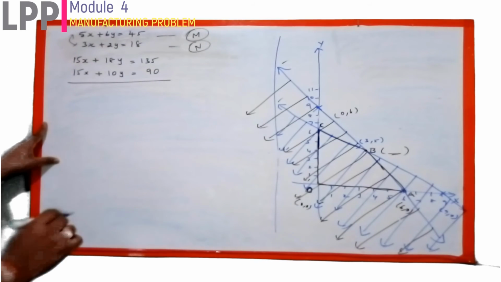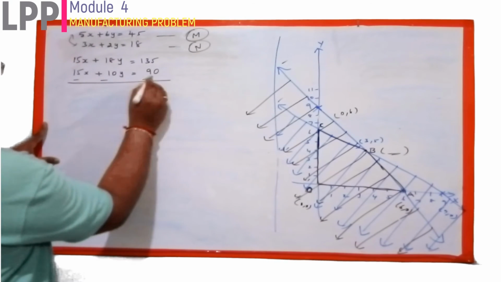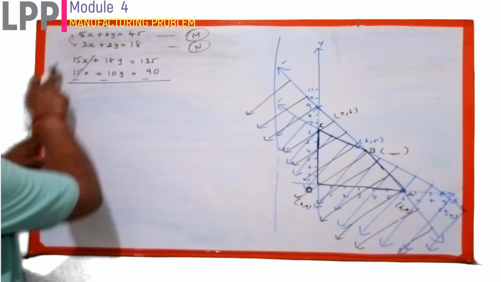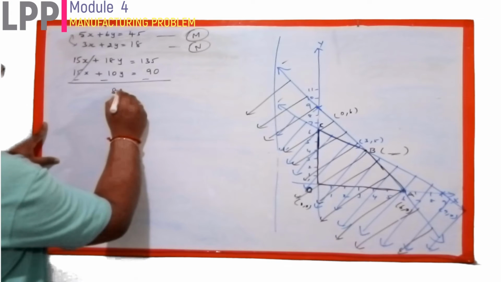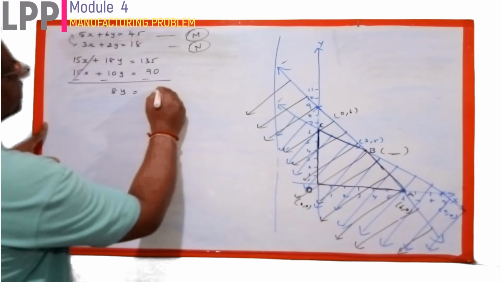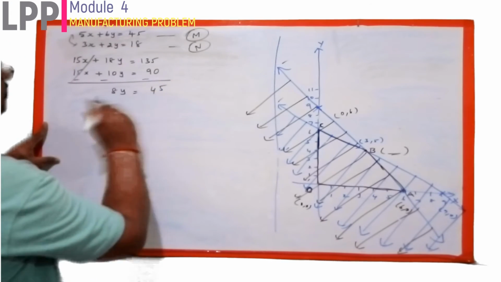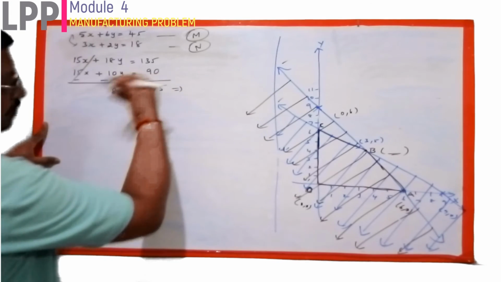Okay. Now subtract them. These two are the same, with a minus, so they cancel. Here 18 minus 10 is 8y. Here subtract, 135 minus 90 is 45. So similarly we have to solve the next one also.